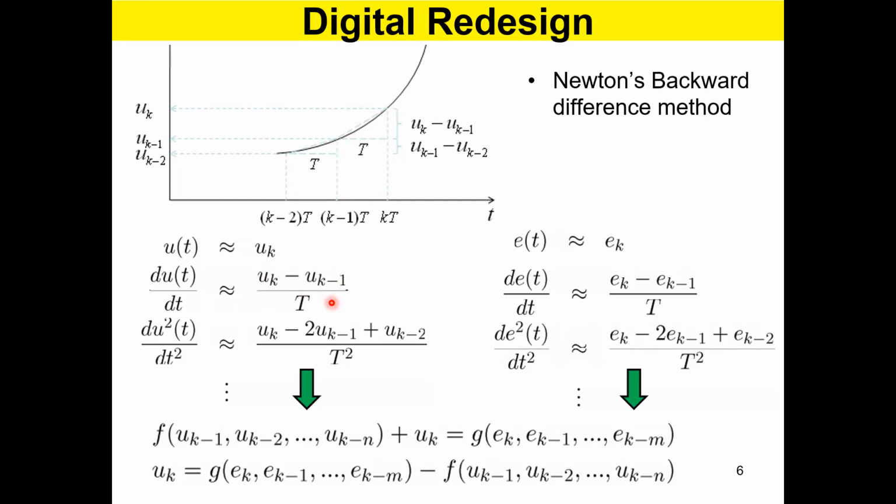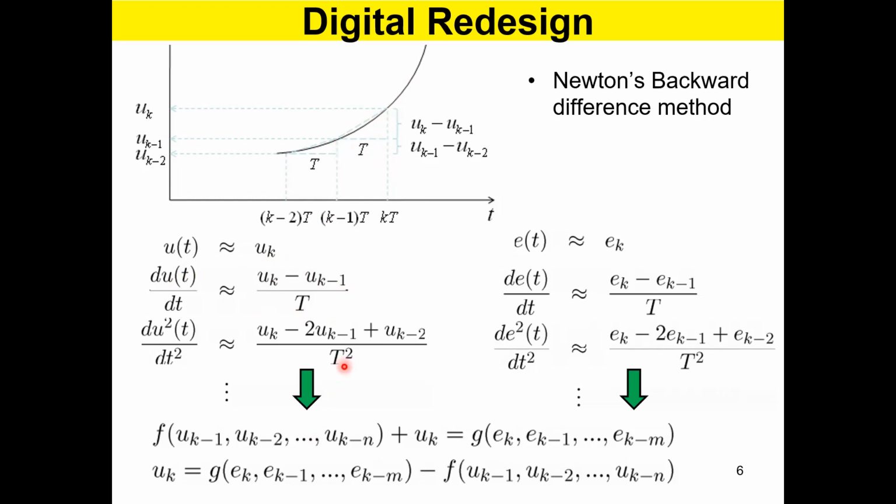What about the second derivative? I ask you to do that yourself. I think it's no big deal again. This is the first derivative at k. And what about the derivative here at k minus 1? You can write it down again, then take the difference of the two and divide by T again.